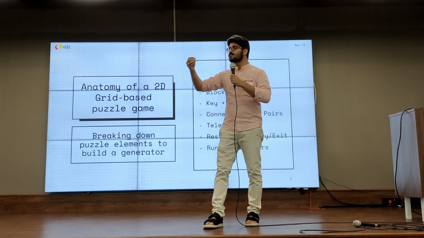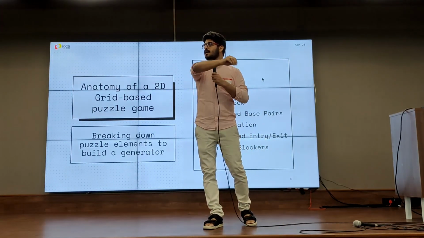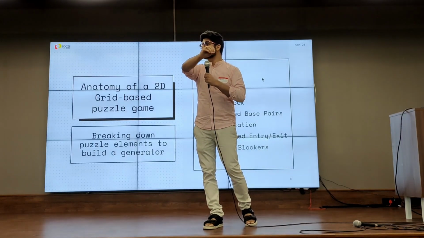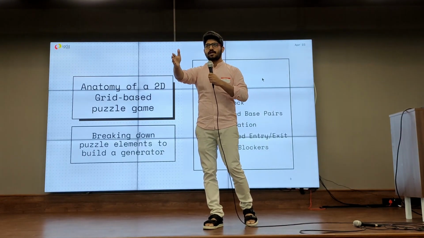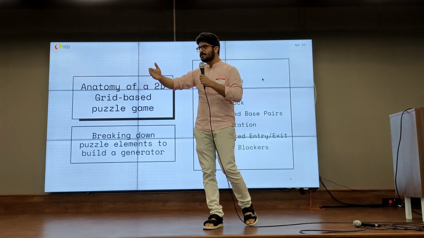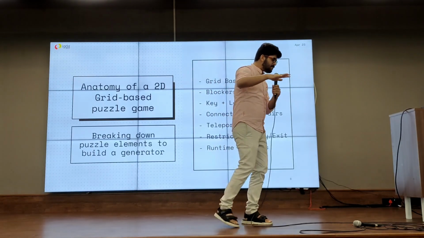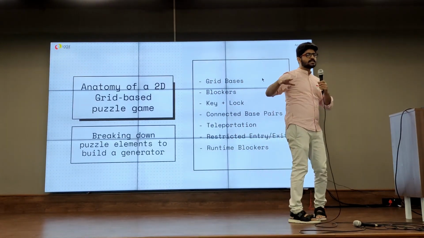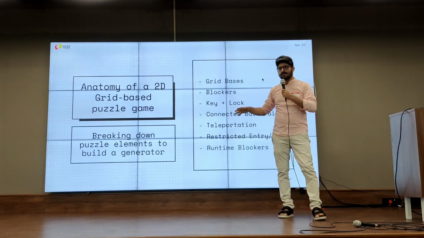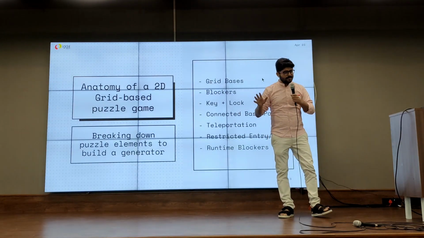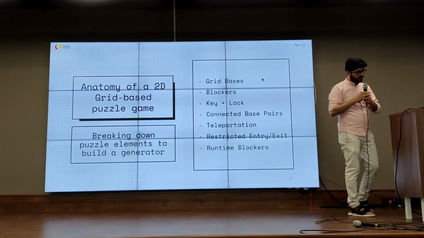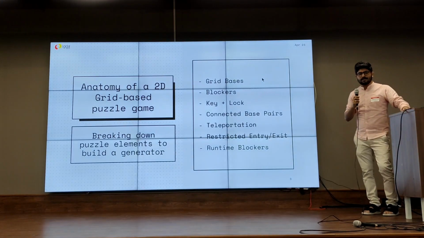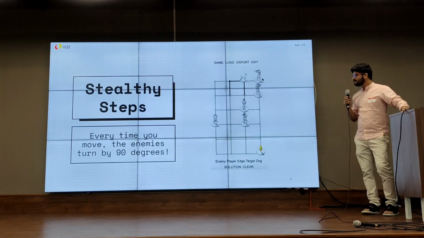Then he assumes that the character has moved into any one of those new positions, right? Similarly, the enemies would have also corresponded. So he keeps saving the state of the game till he is able to solve the level, right? And that, ladies and gentlemen, is the magic of algorithmic level generation, right?